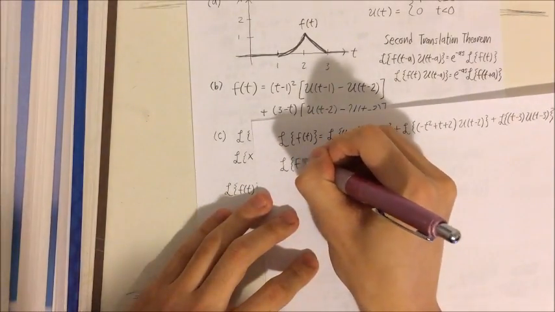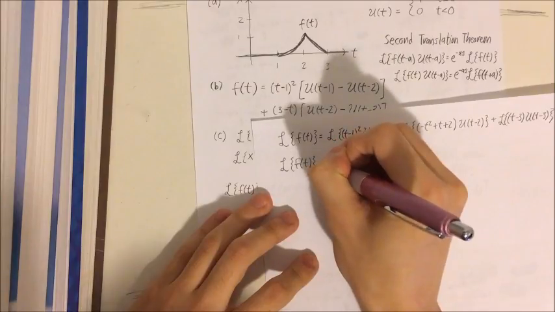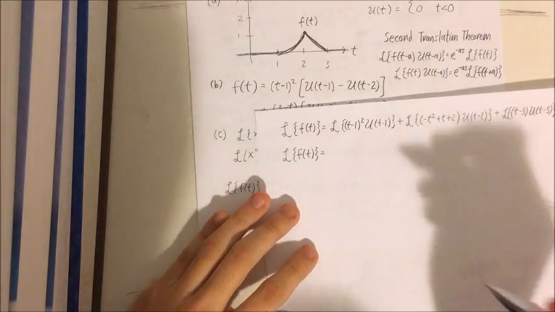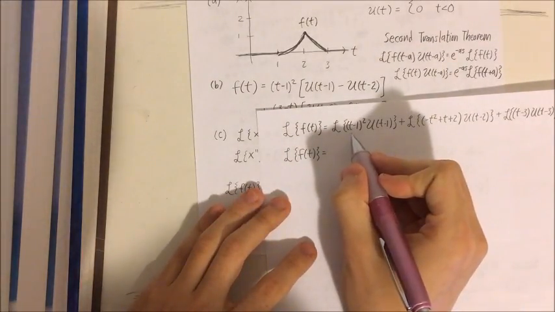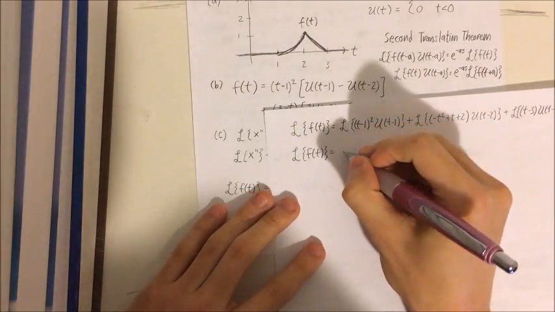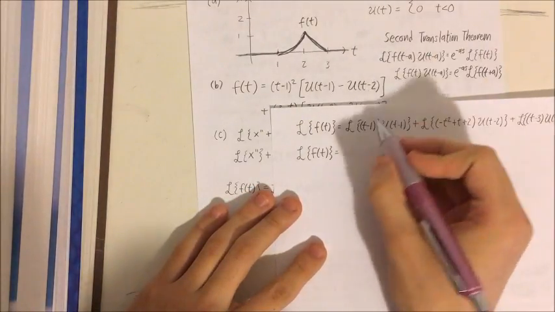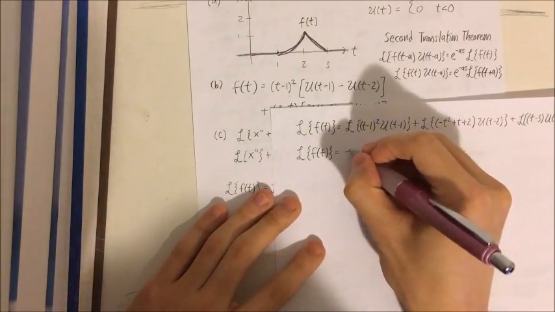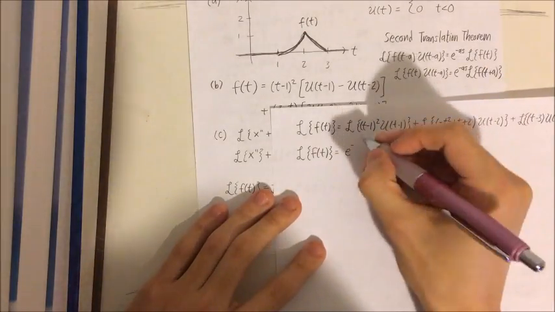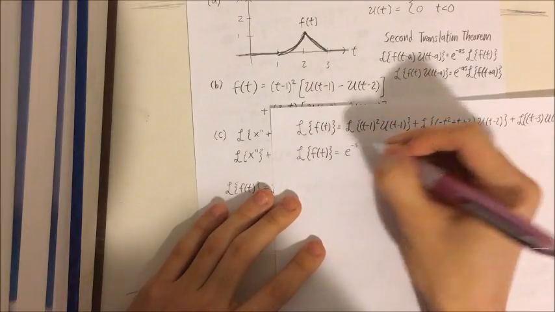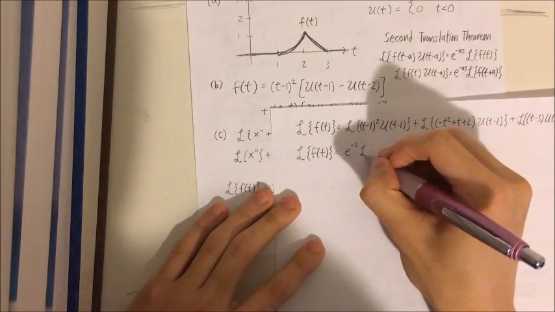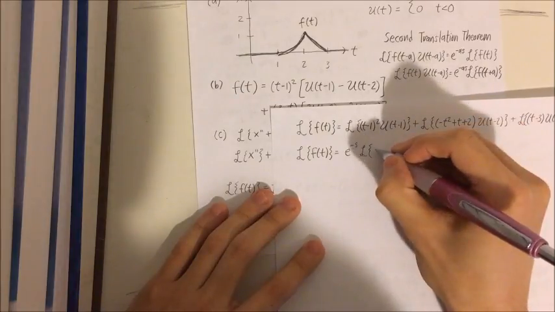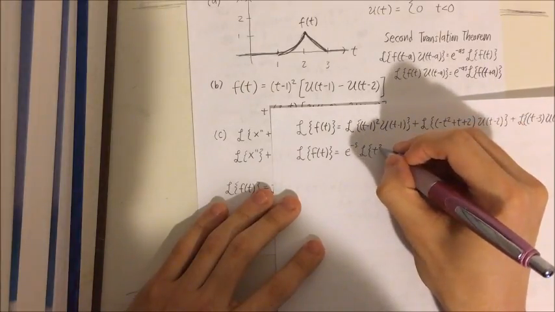Laplace transform of f of t equals, so this is going to be basically e to, if we look at this, a is going to be equal to 1 in this case, f of t is going to be equal to t squared. It's going to be e to the power of negative, a is 1, so negative s times the Laplace transform of f of t, which is t squared.